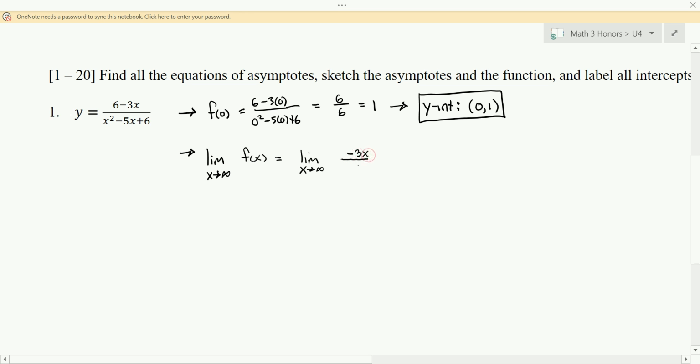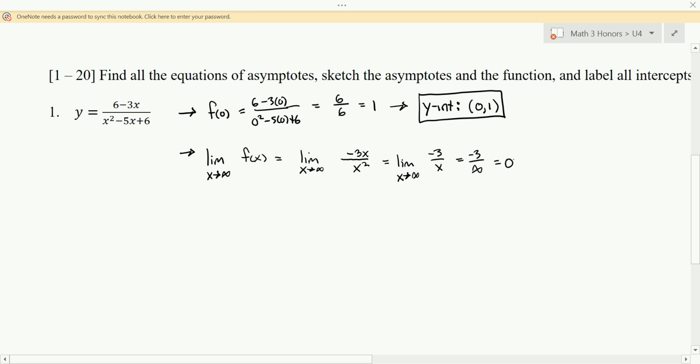Negative 3x over x squared. Then we still need to carry that limit with us, so the limit as x goes to infinity. We reduce the fraction: negative 3 over x. Now that we don't have a variable, we don't have the indeterminate form anymore, because if we plug in x, we end up with negative 3 over infinity, which is 0.